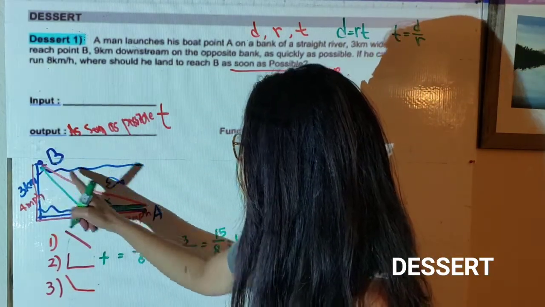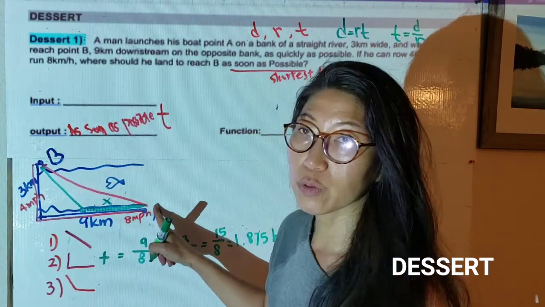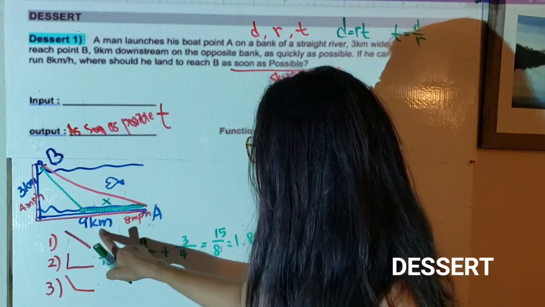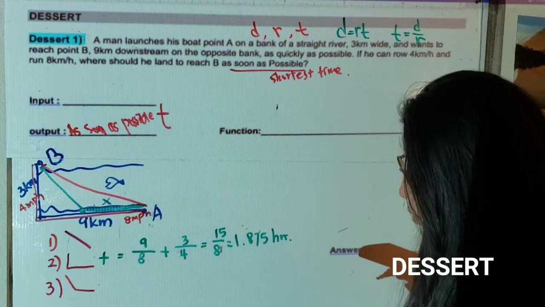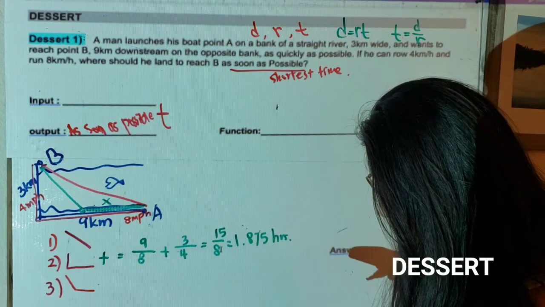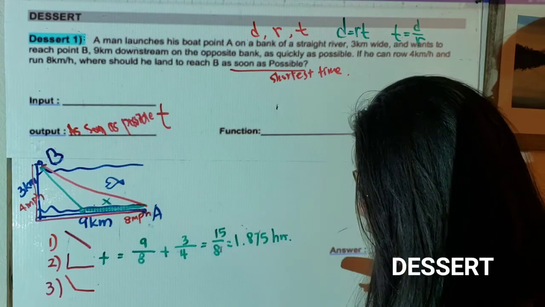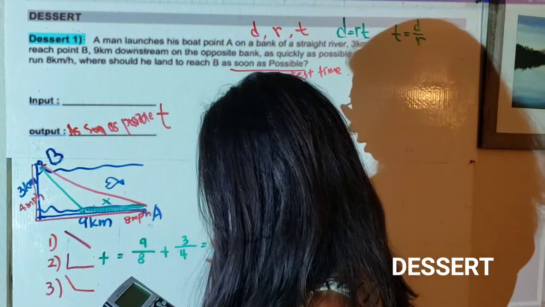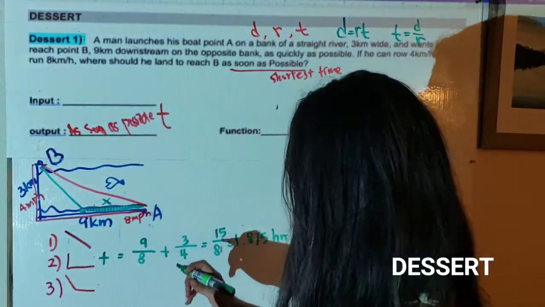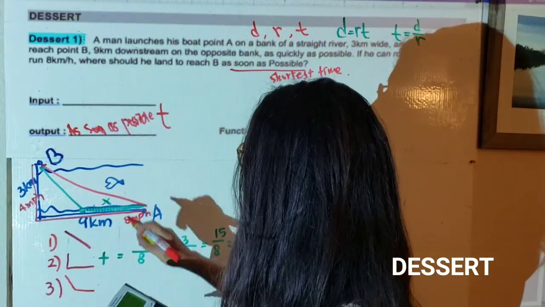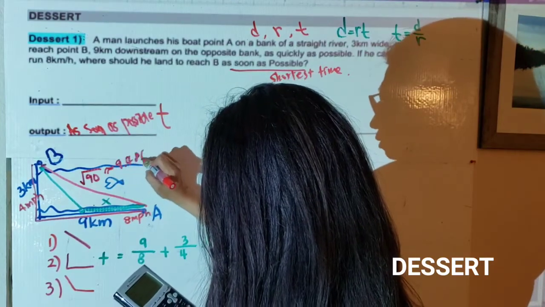Now let's look at the first case, where we go straight. That means you just row your boat all the way. How do we find this distance? We have to use the Pythagorean theorem: 9 kilometers squared plus 3 kilometers squared, which is 81 plus 9, which is 90. So I take the square root of 90, which is about 9.4868.